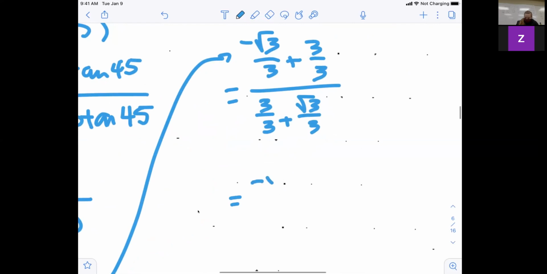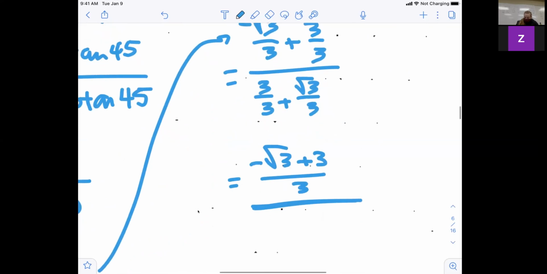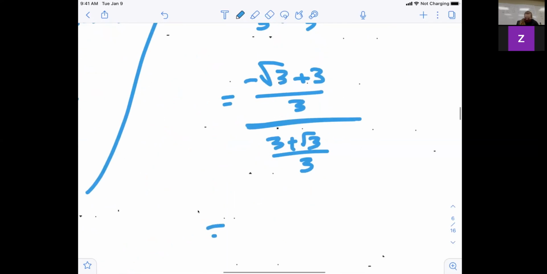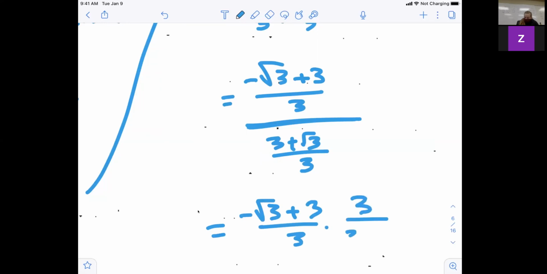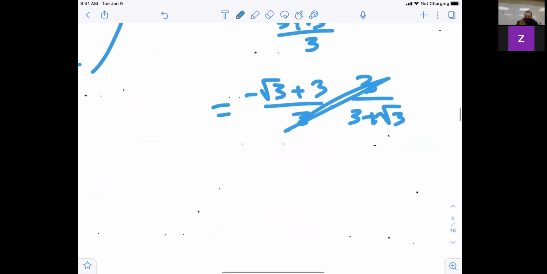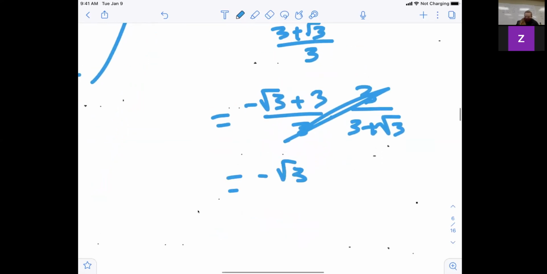One fraction on top is negative root 3 plus 3 over 3 divided by 3 plus root 3 all over 3. The last step I'm going to do is multiply by the reciprocal. So I've got negative root 3 plus 3 over 3 times the reciprocal, which is 3 over 3 plus root 3. There's a lot of 3's here. So those 3's cancel, and I get negative root 3 plus 3 over 3 plus root 3.